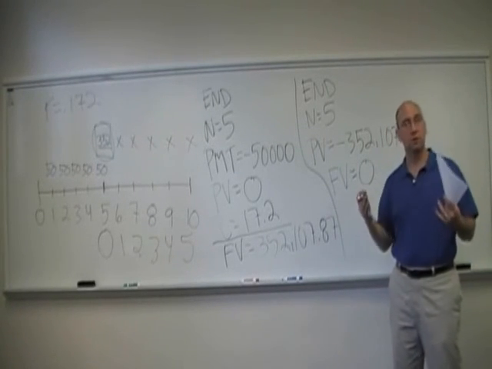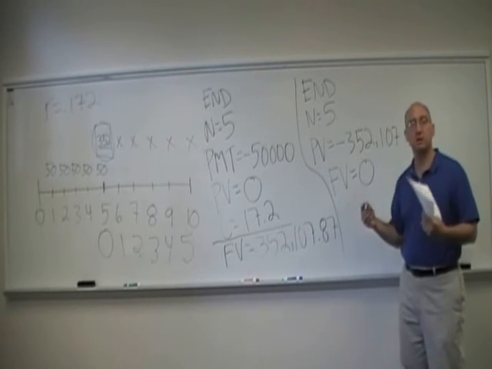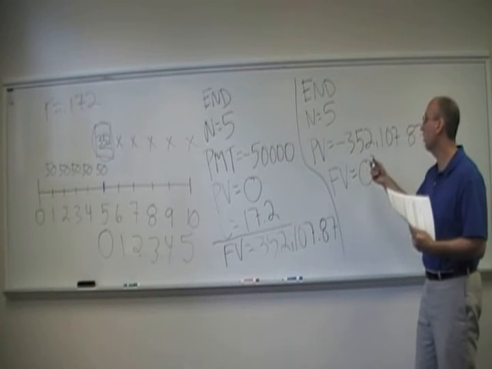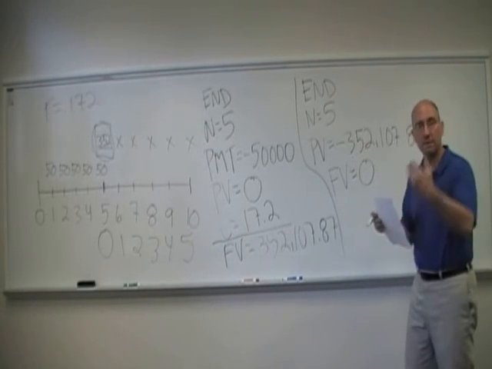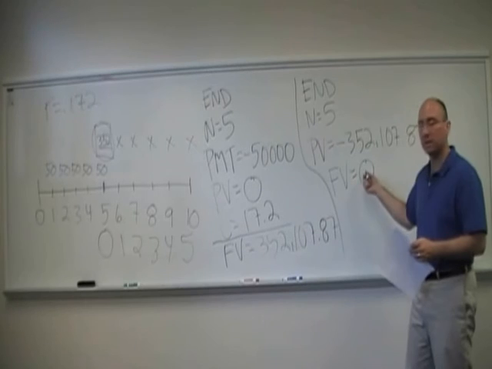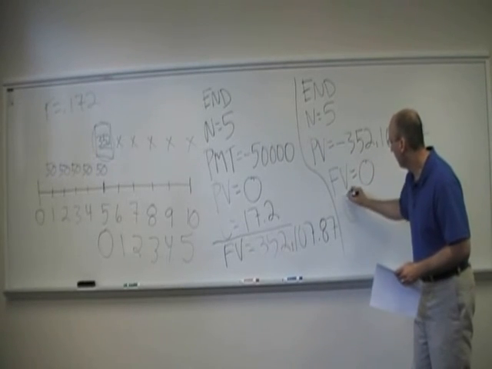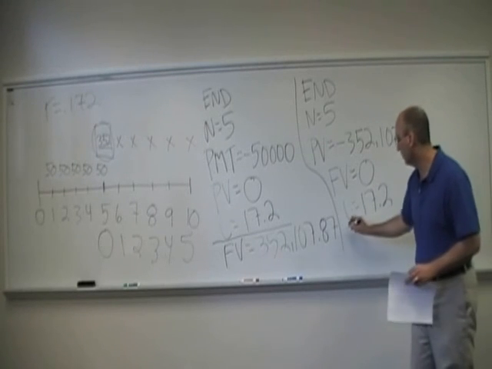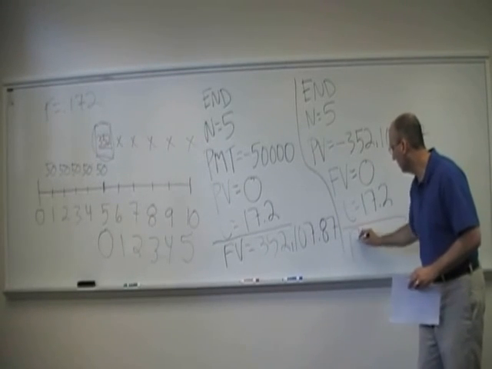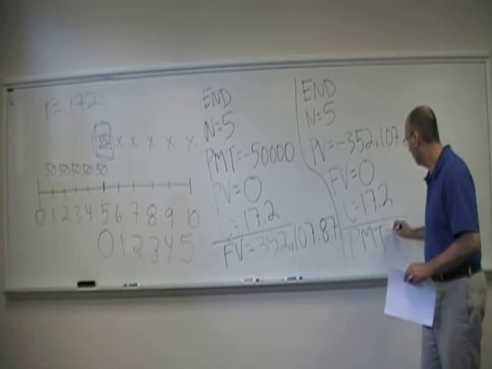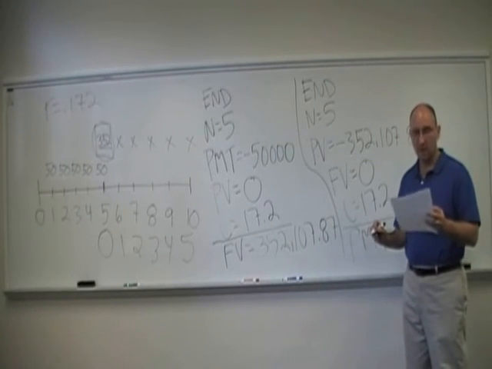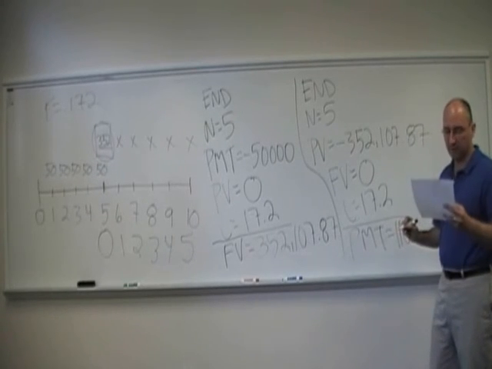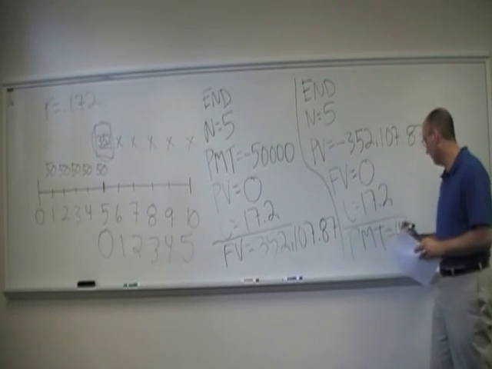When he's done, there's no money left and there's no special payment that's coming to him. All there is are the regular payments that we're looking at. There's no extra special payment at the end. Interest rate of 17.2%. Solve for payment, and each payment is going to be equal to $110,562.55.